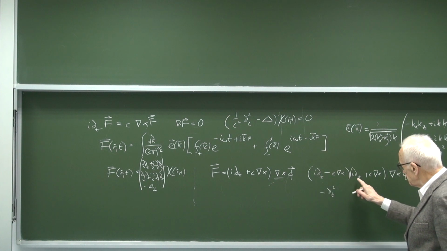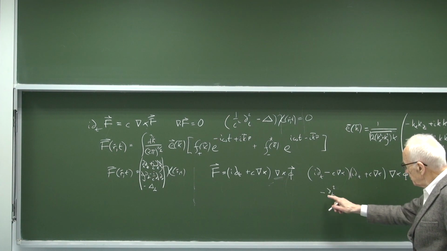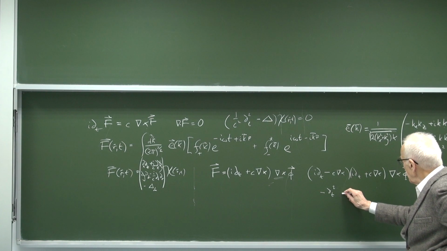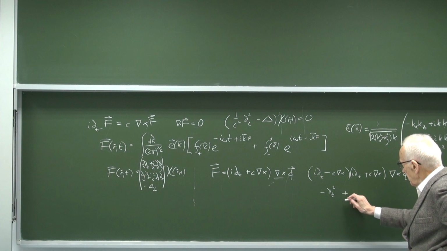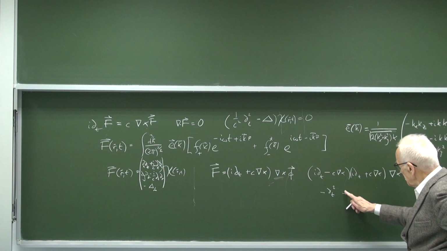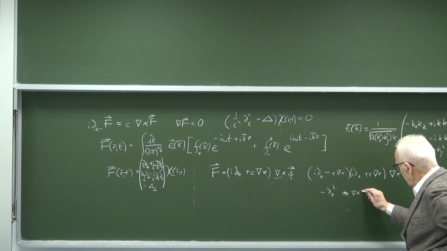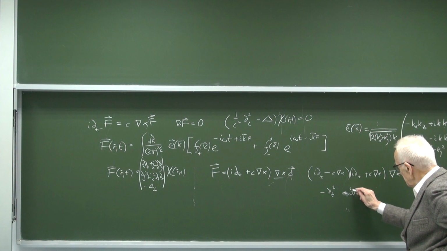First term is minus i, and that i produces minus i, and then we have here minus, yes, correct, curl of curl and c squared, of course.